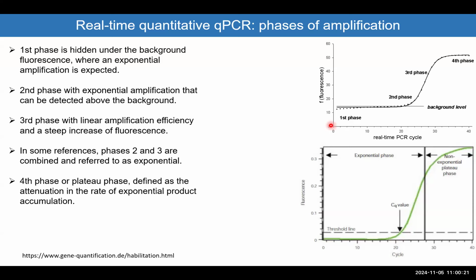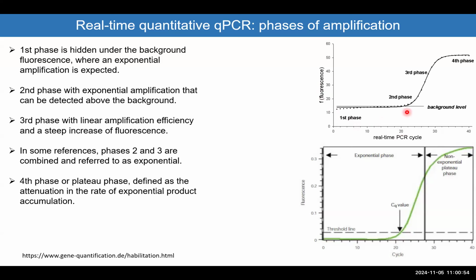You start reading at 0 cycles, 1, 2, 10 cycles, 20 cycles, 30 cycles, and 40 cycles. Generally, there are 3 phases; sometimes people merge 2 of the phases into 1, so they say 3 phases or 4 phases. I will present the 4 phases. The first phase: you don't see any amplification because you don't yet have a threshold of detection of the fluorescence.